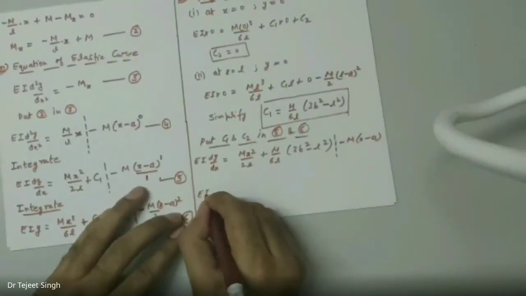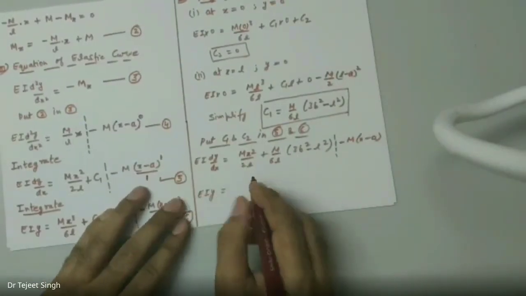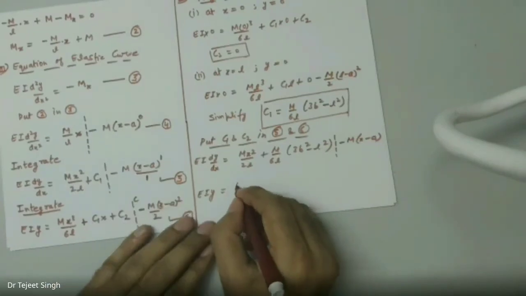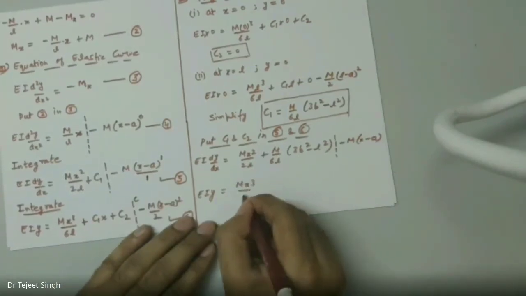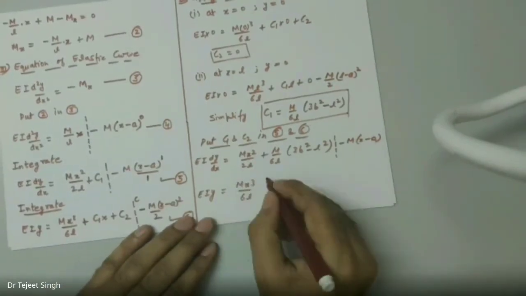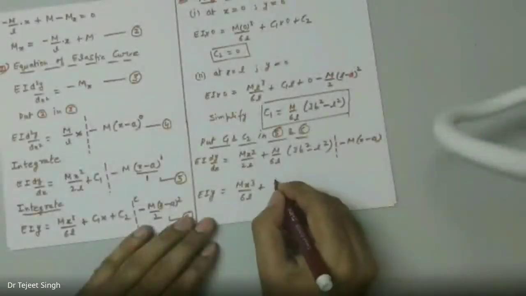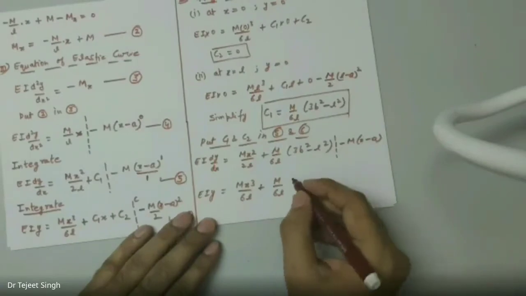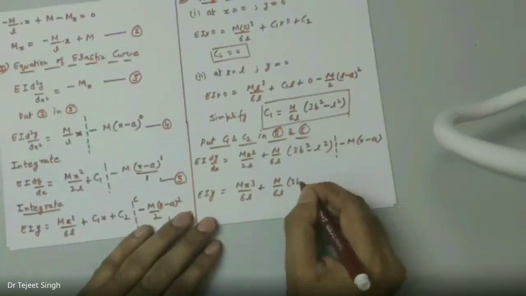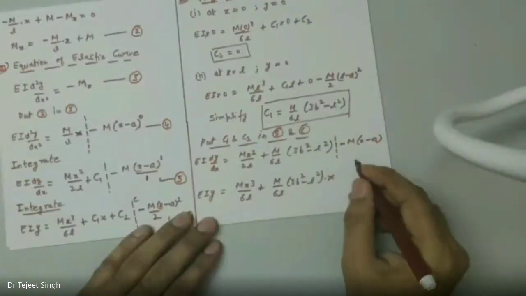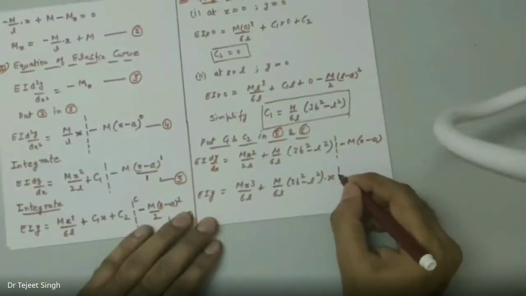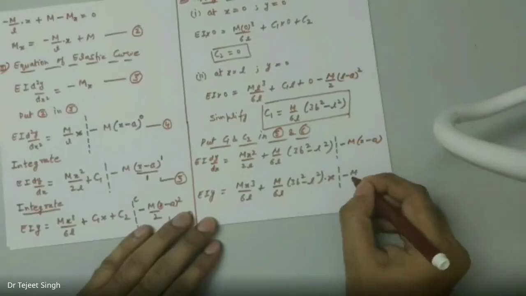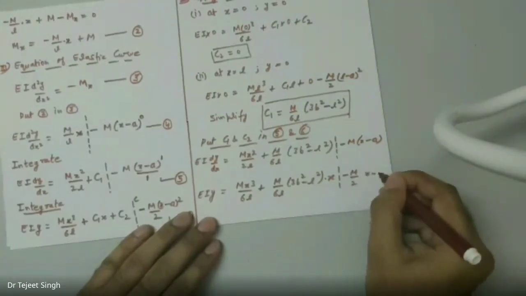Then EIy equals Mx cubed upon 6L plus C1x, that is M upon 6L (3b squared minus L squared) into x, C2 is 0, minus M by 2 (x minus a) squared.